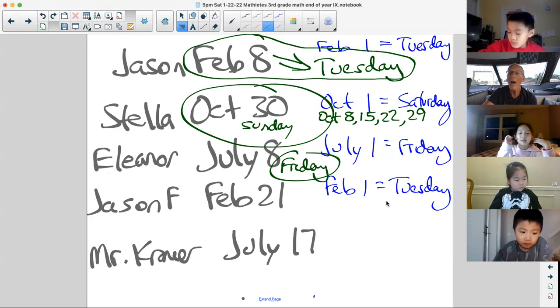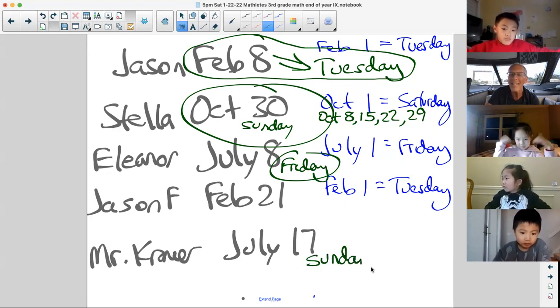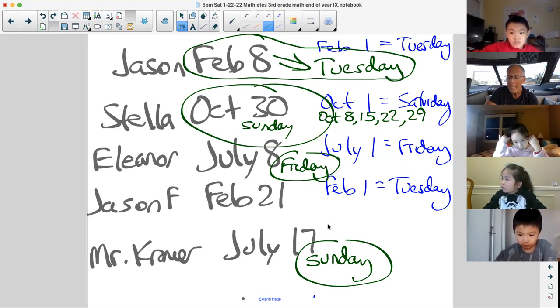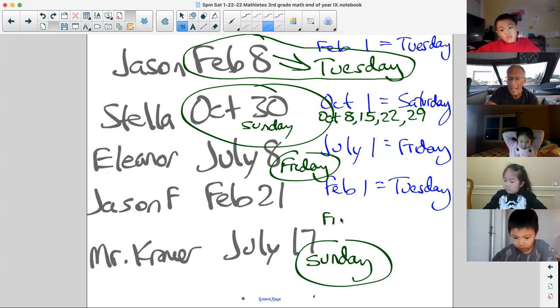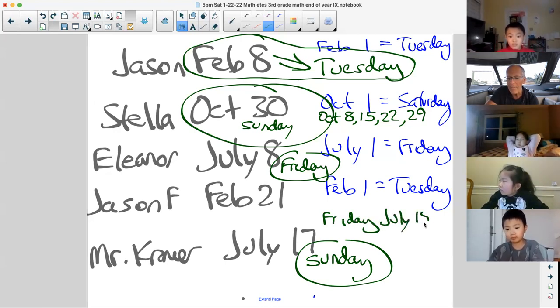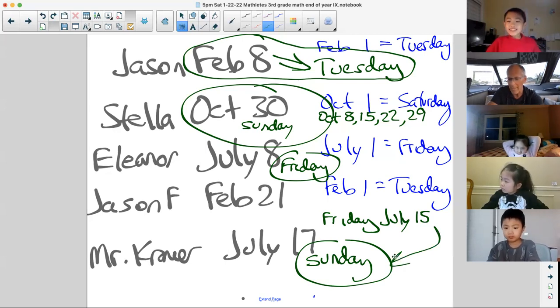Sunday. Of course, Mr. Kramer is going to celebrate on a Sunday this year. That's because Friday, July 8th is Eleanor's birthday. Then Friday, July 15th, and then 16th, 17th, 2 more days to Sunday, July 17th.